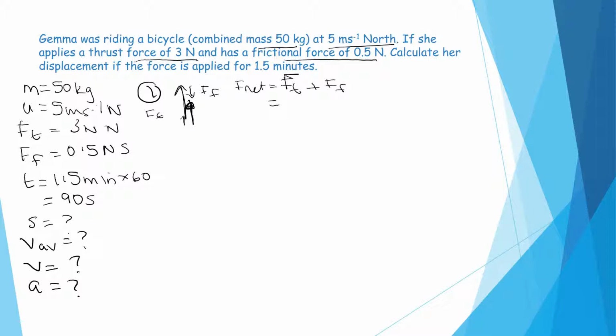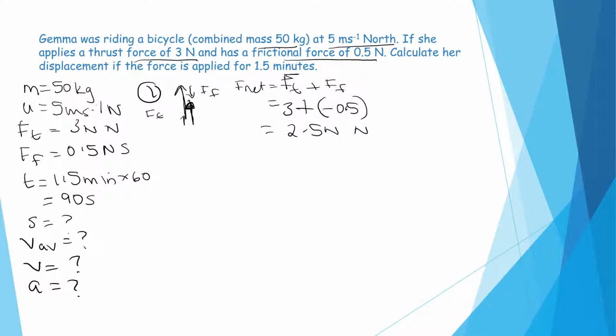So the force of thrust was 3 newtons north. We're going to add it to our force of friction, which is 0.5 newtons south. So it's got to have one direction here, negative 0.5 newtons north. So the net force is going to be 2.5 newtons north.